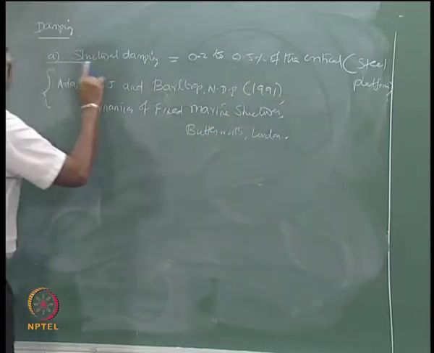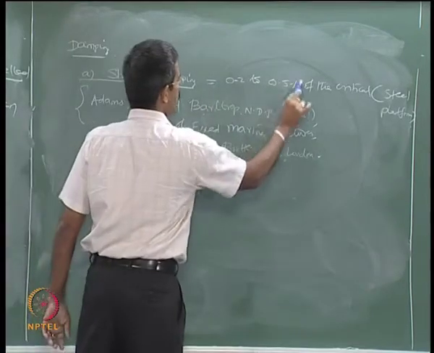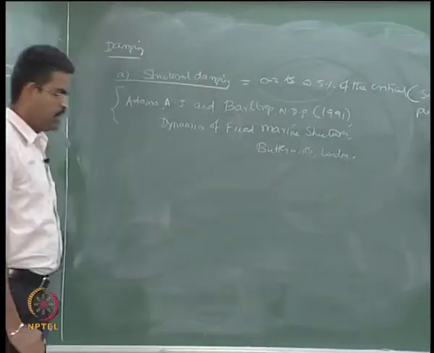So the first aspect is structural damping, which is around 0.2 to 0.5% of the critical if it is steel.